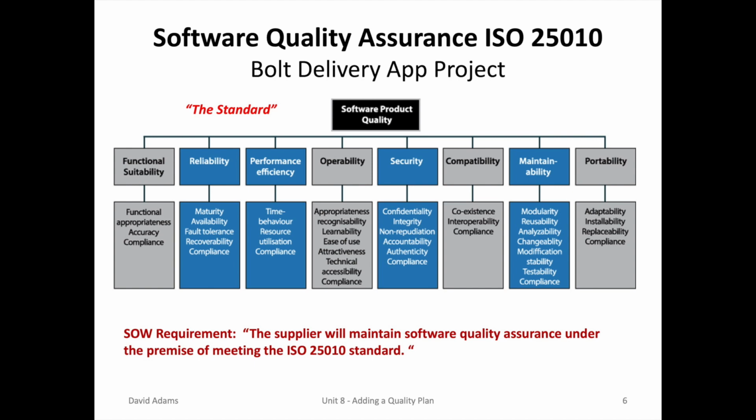That ISO standard sets software product quality with components including functional stability, reliability, performance efficiency, operability, security, compatibility, maintainability, and portability. And if that's the case, the team needs to bake in their procurement document, the statement of work, that the supplier will maintain software quality assurance under the premise of meeting the ISO 25010 standard.